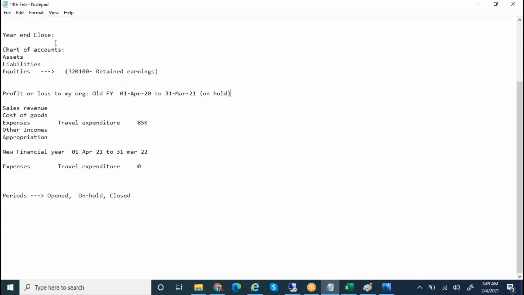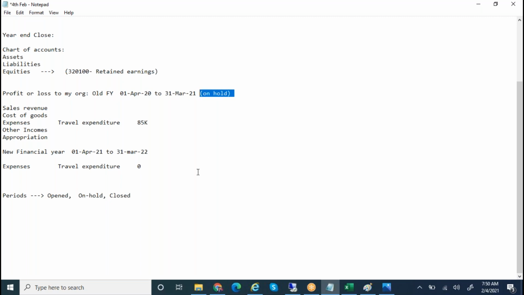Because this year-end process you will execute in the month of April or May. During that time, the system is validating whether it is on hold or not. But in D365, this condition has been removed.